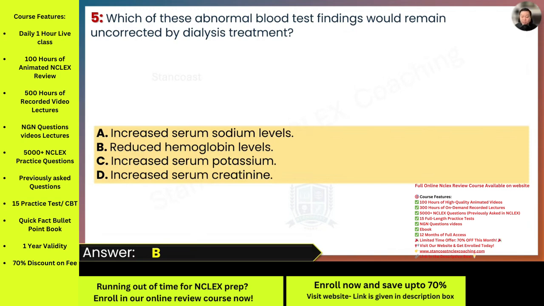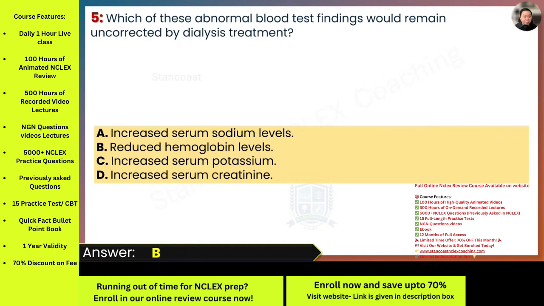It will restore the normal levels. And even though the dialysis settings like sodium concentration in the dialysate must be carefully adjusted to prevent rapid shifting, which can cause complications such as the disequilibrium syndrome as well.